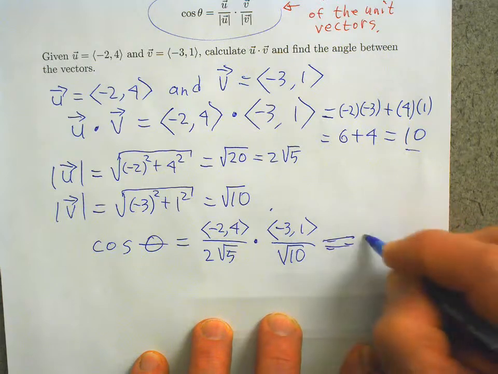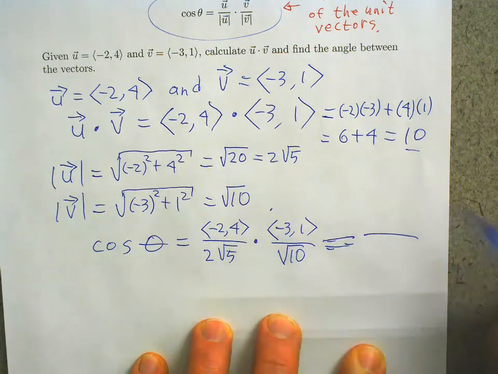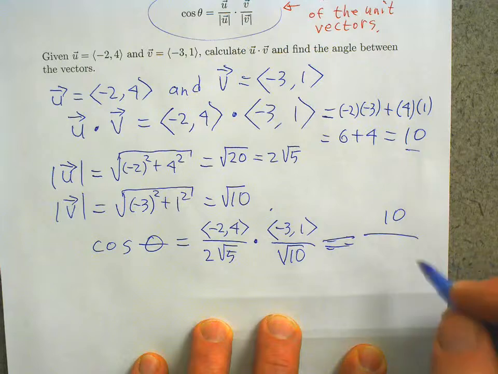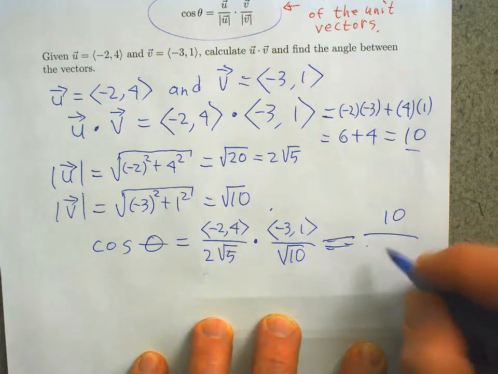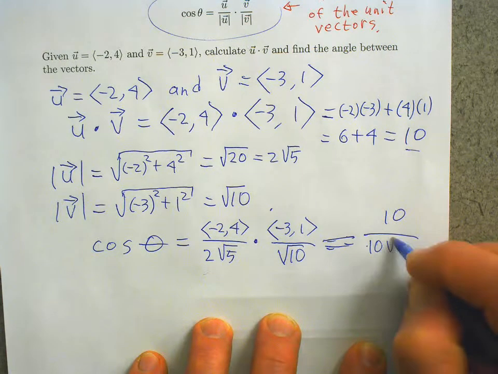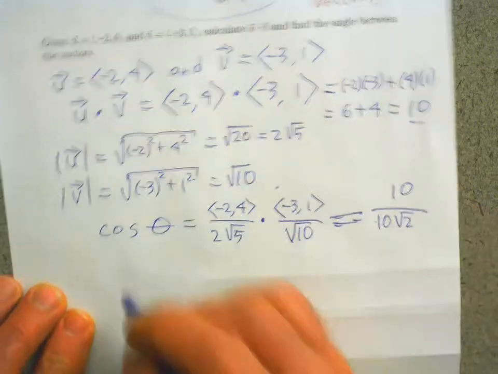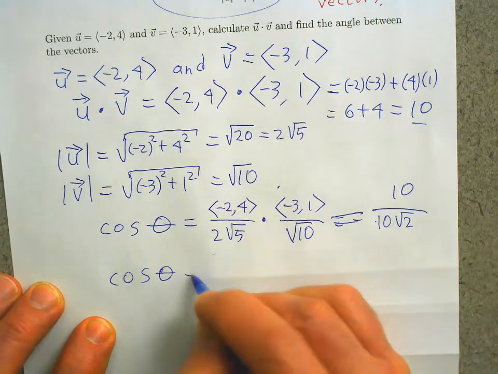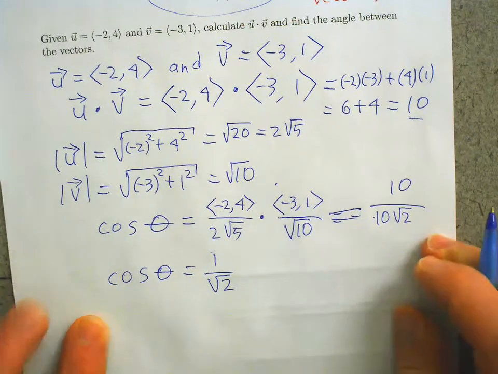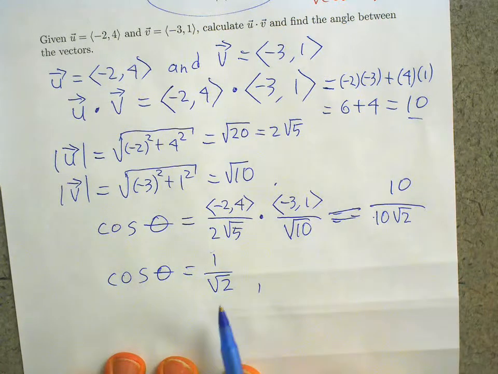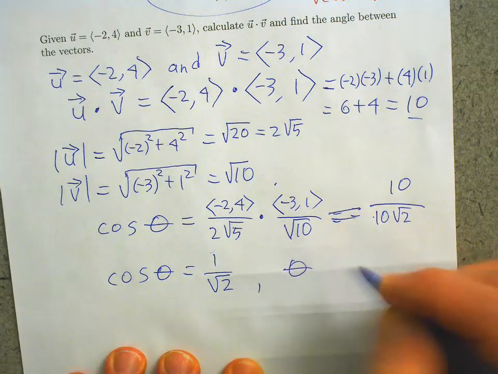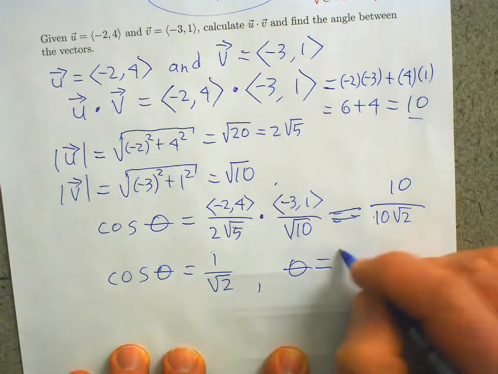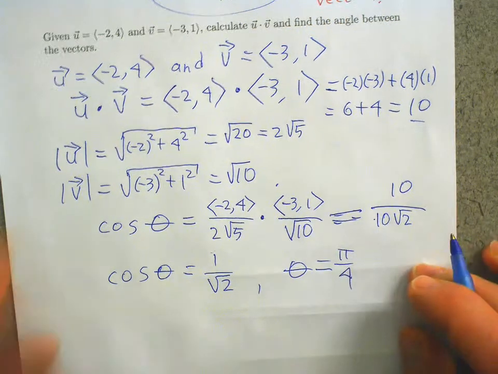So we get in the numerator 6 plus 4 is 10. 2 times the square root of 50 is going to be 10 times the square root of 2. So cosine of theta is 1 over the square root of 2. And we recognize this, 1 over the square root of 2 is the same as the square root of 2 over 2. So theta is pi over 4. That's the angle between the two vectors.